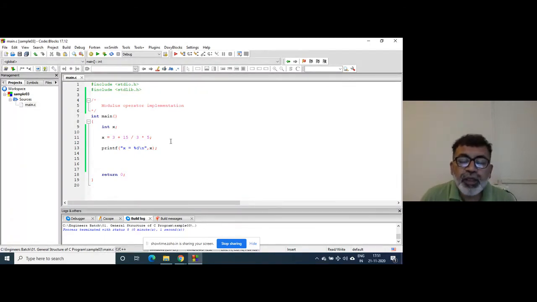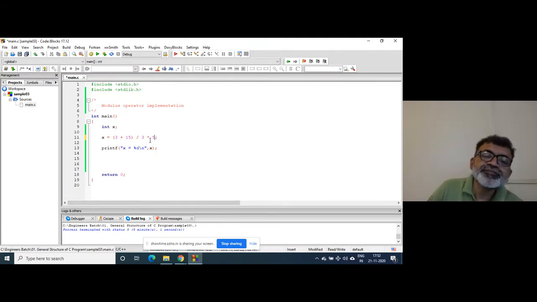Brackets have the highest precedence. That is the reason if I put the brackets here, it will be solved first, like in mathematics. So 15 plus 3, that is 18, and then 18 divided by 3, and then it will be multiplied by 5.